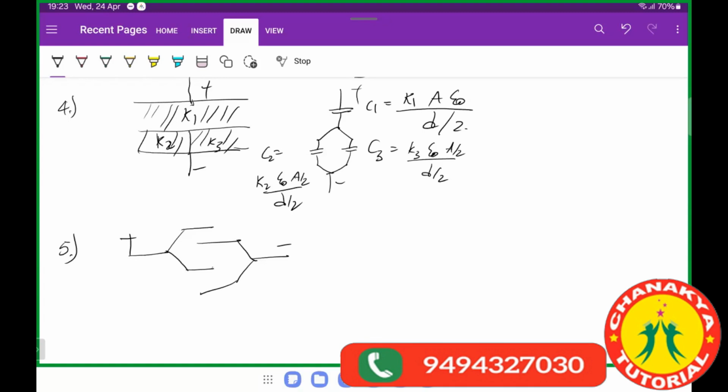Here the plus sign is given, so this will be plus, then minus, minus, and this will be minus. So this makes one, this makes one, and this makes one. Now, how are they connected? They are divided distance-wise, so it is in series, not a parallel combination. It is series.